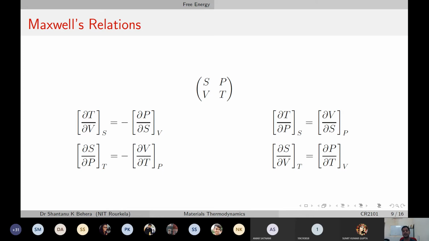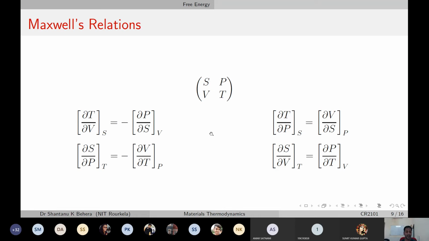So you can see the interdependence of all of these variables in any kind of process. Of course, there is a little bit of a restriction on what will happen if you keep the entropy constant or temperature constant or volume constant or pressure constant, things like that. But this is the interdependence of all of these basic variables.